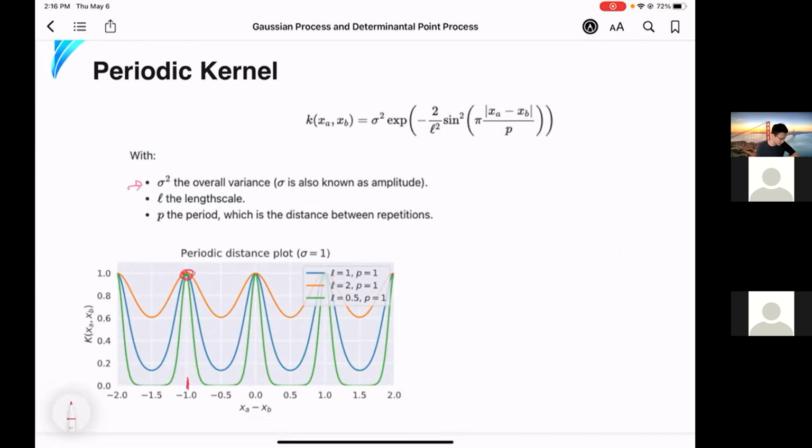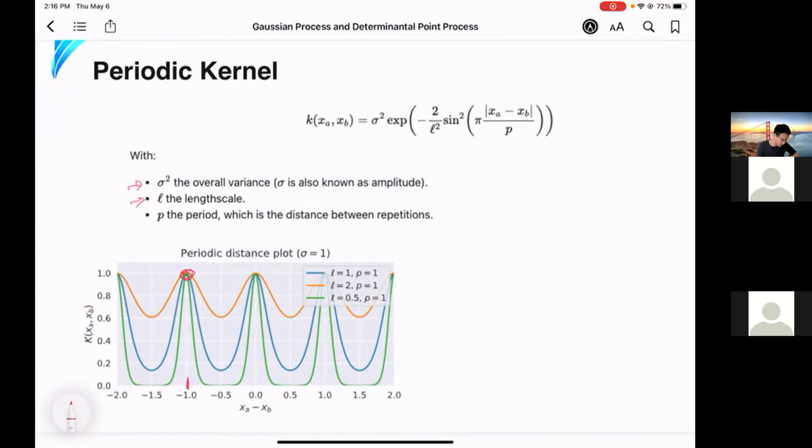The sigma square is similar as before, the L is similar as before, but we have one additional parameter P to control the period. For these repeated curves, it controls the distance we want between different repetitions.